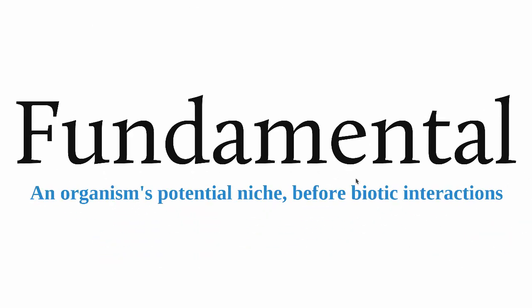So we'll take some time to talk about this, and we'll talk about it in the context of fundamental versus realized niche. So in the absence of an interaction with another species, a population occupies its fundamental niche. So the fundamental niche can be defined as an organism's potential niche before biotic interactions.